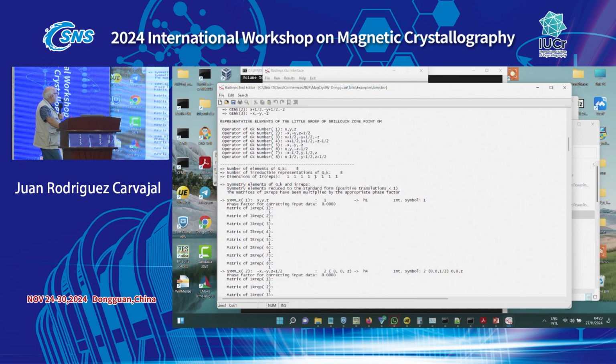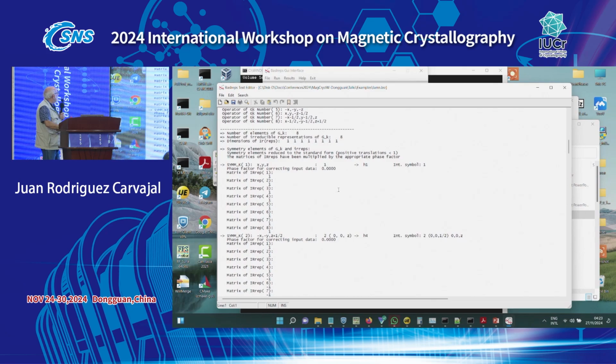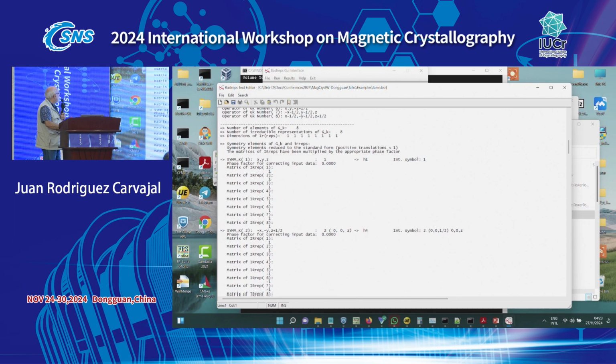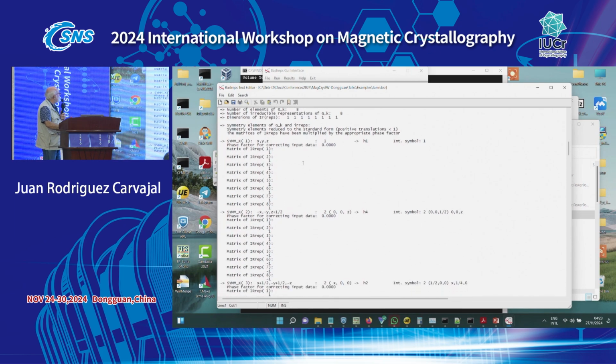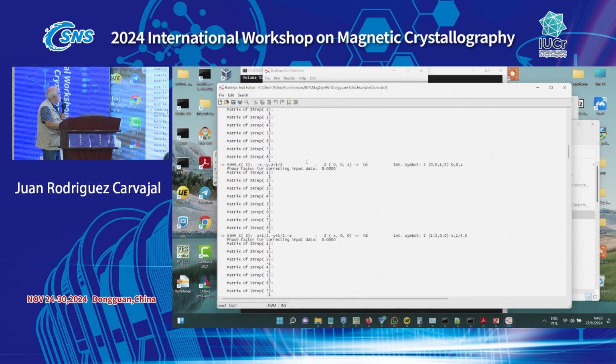And here we have the number of irreducible representations of GK, 8, and you have the dimension of the representations. All representations are of dimension 1. And you see here another way of showing things. You have the symmetry element, this one, and the matrices of the different irreducible representations are here.